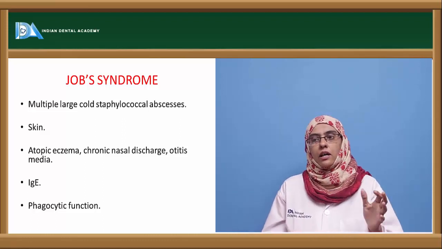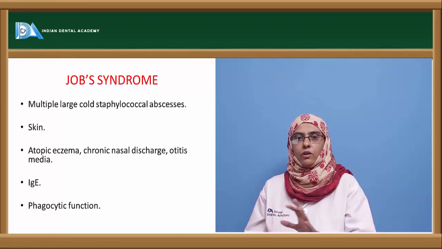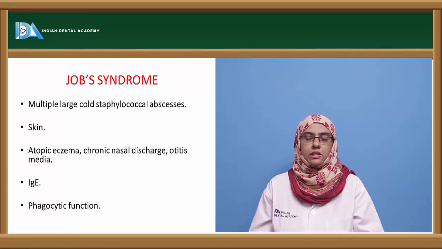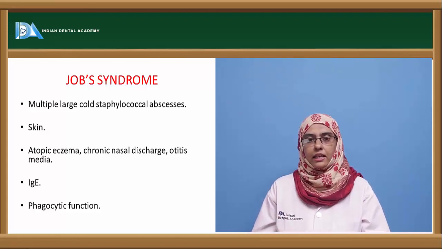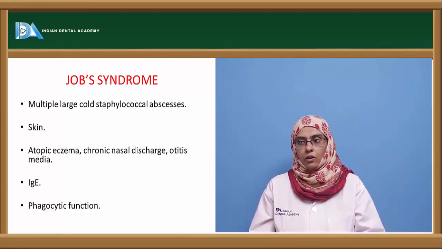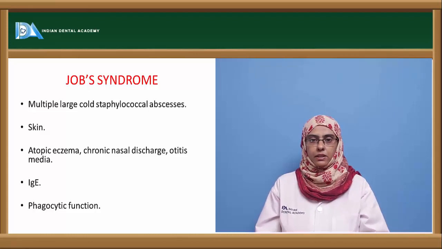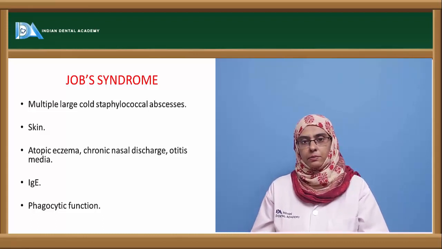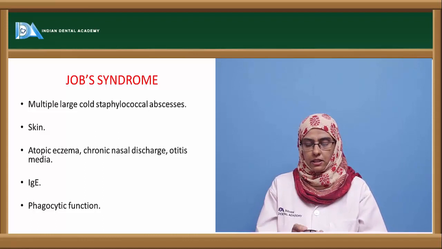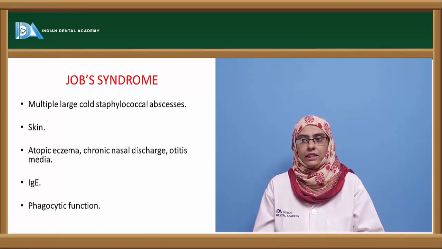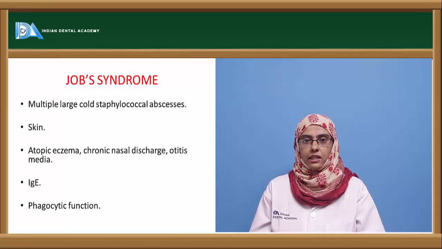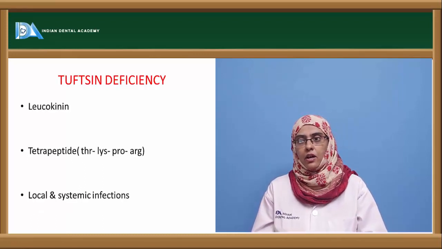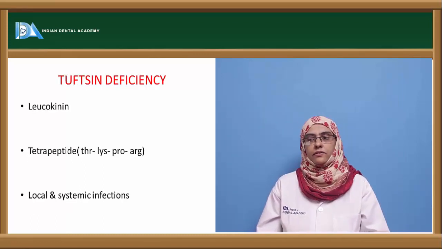So multiple large cold staphylococcal abscesses are a characteristic feature, seen only on the skin, and it leads to atopic eczema, chronic nasal discharge and otitis media, bacterial infections involving the respiratory system or the ear. And here you can see abnormal production of IgE antibody, which leads to a hypersensitivity reaction, and phagocytic function is completely lost.